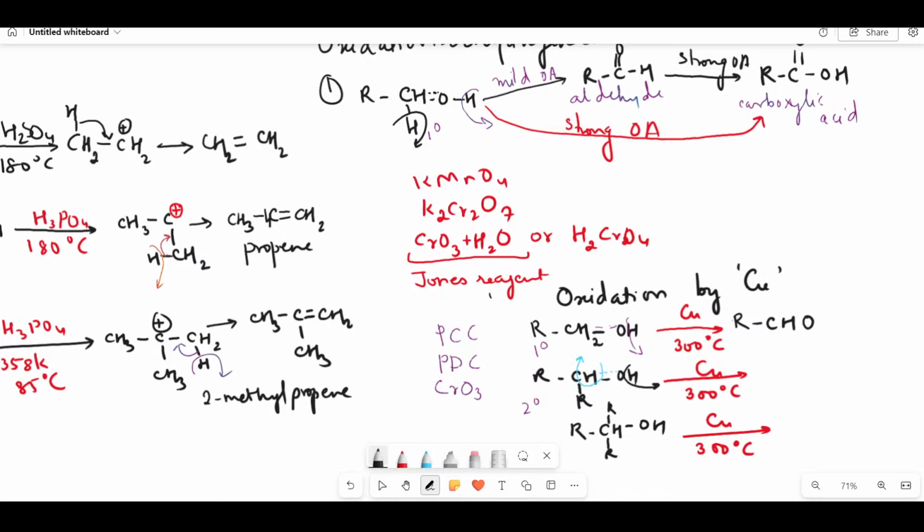So what we get is R C double bond O R. So what we obtain is a ketone. This is an aldehyde. This is a ketone. The last one here, there is no H. My mistake I have written here. There will be no H over here.